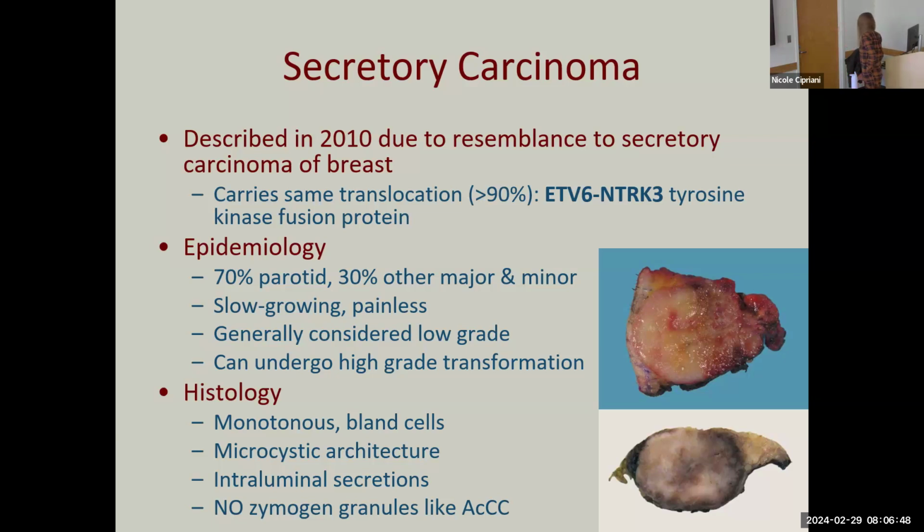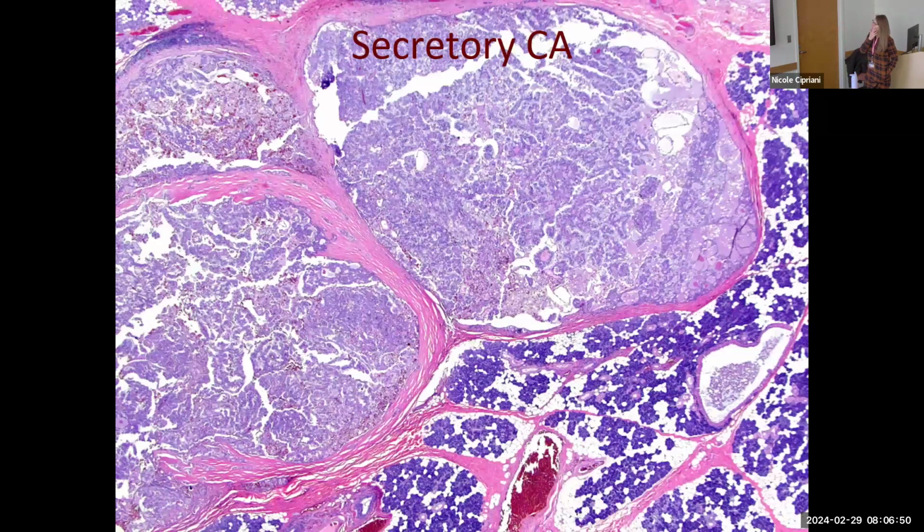And what they look like is a variety of histologic patterns. You can see anything from small cysts with secretory material to larger cysts to even these little papillary-like structures.